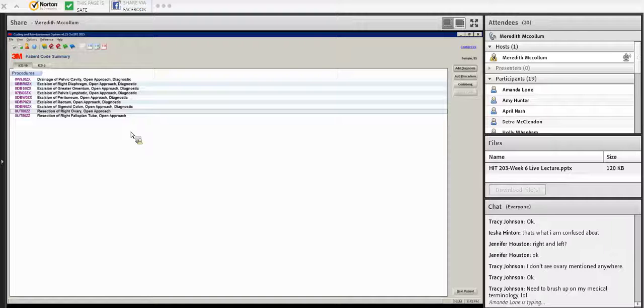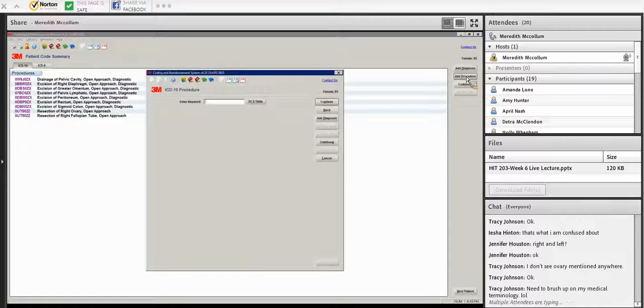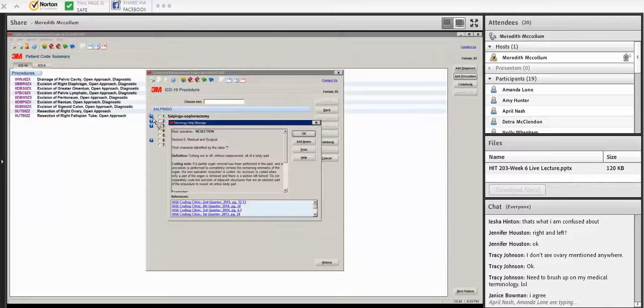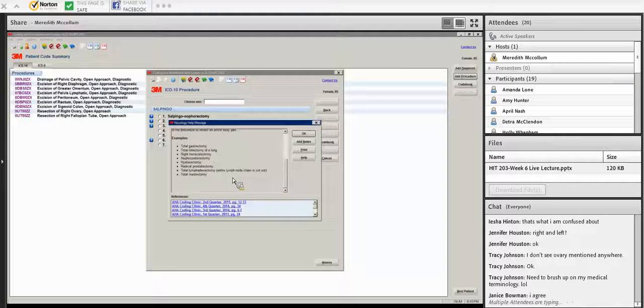Any other questions? You really have to be up on it. If you put in salpingo-oophorectomy, it's going to come up, and it's going to say resection, and it gives you some examples.